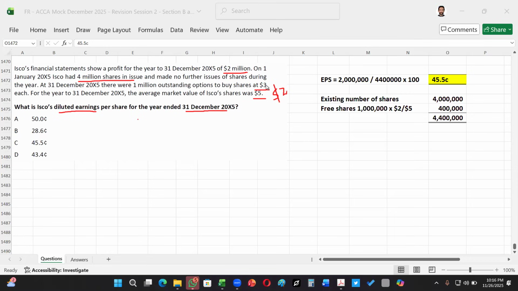You are paying only $3, but anyone who does not have the share options will have to pay $5. So clearly you are in an advantageous situation, by $2. We multiply this $2 divided by the normal price $5, and we consider that the dilution element, the free element of the shares.